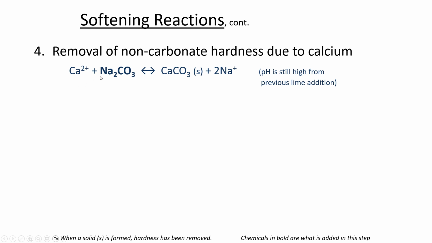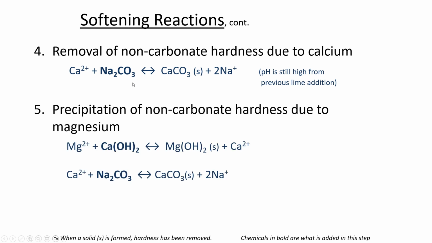It would just be us adding the source of carbonate so that the calcium, which is ready to precipitate as soon as there's something for it to latch onto, the carbonate, can precipitate. Once you provide that carbonate source, it'll precipitate. And then there could be the removal of magnesium with non-carbonate hardness by continuing to add more of a carbonate source as well.